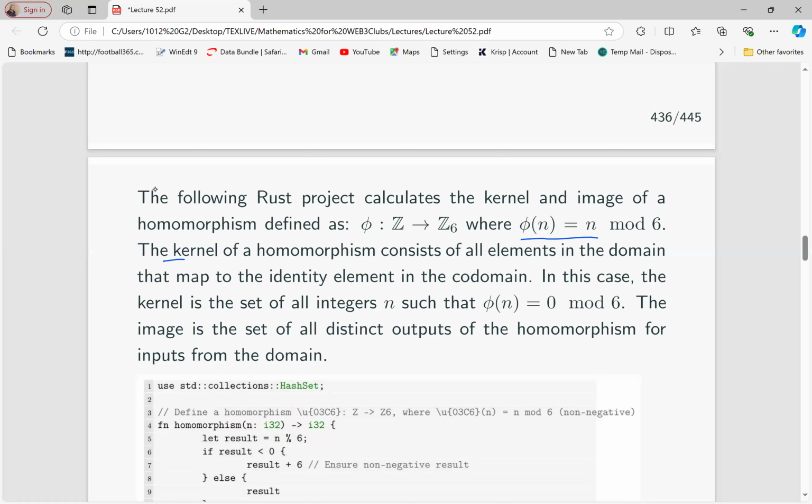Of course, if you know that, then you can write the code. And what about the image? The image are all the elements of the codomain that are mapped to.